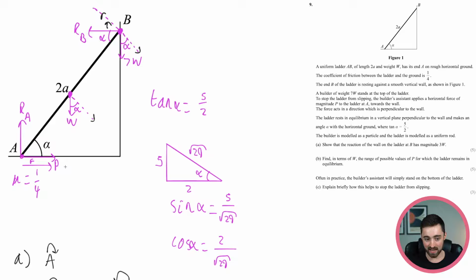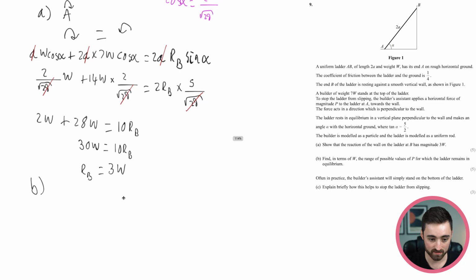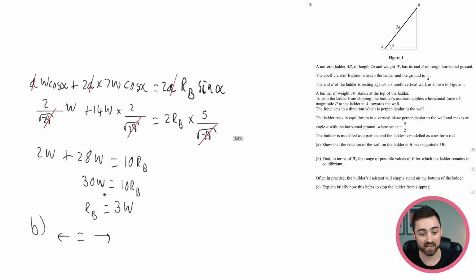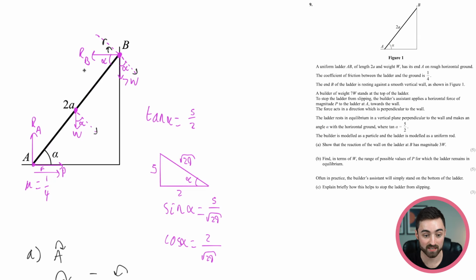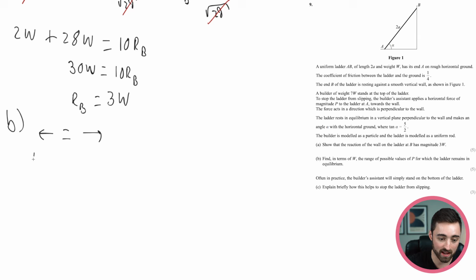If that was the case, then doing left equals right, everything taking it to the left is just going to be this RB, and everything taking it to the right is going to be F and P. So we're going to get RB equals F plus P. We know what RB is, it's 3W, we worked that out last time.